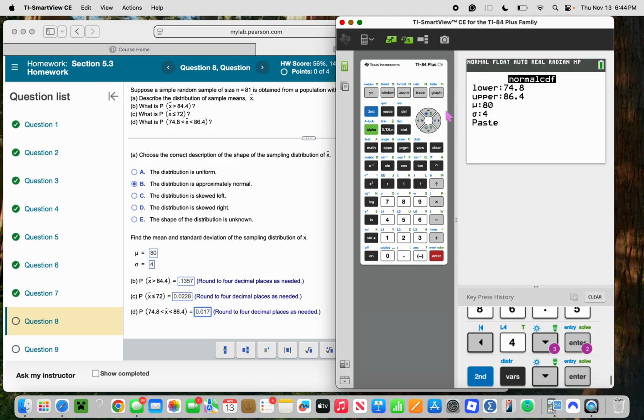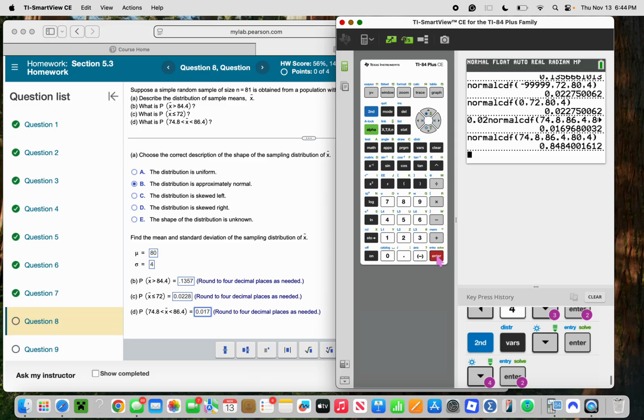So 74.8 to 86.4 with an average of 80 and a standard deviation of that. I had the 0.02. So I saw a 1.7% probability, and I knew I needed to check it because I knew it should be closer to 95 because it was close to 2 standard deviations away from the mean.